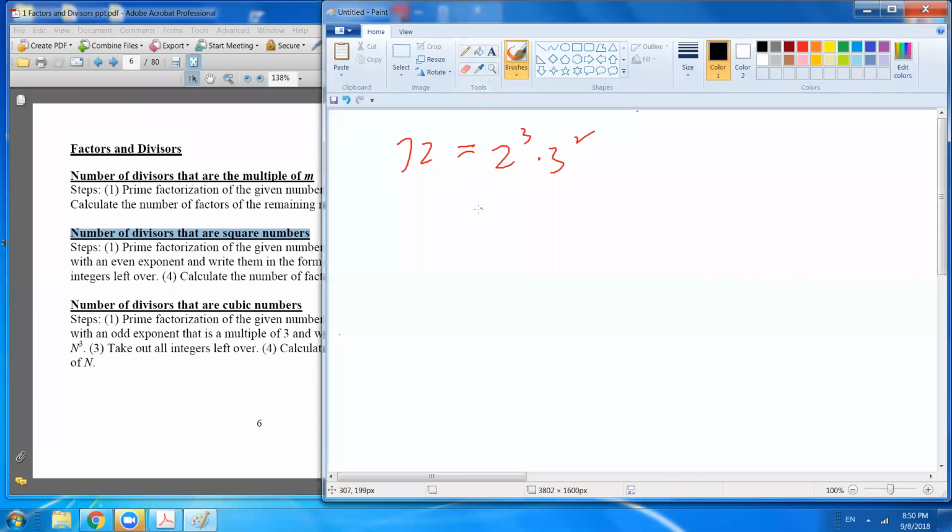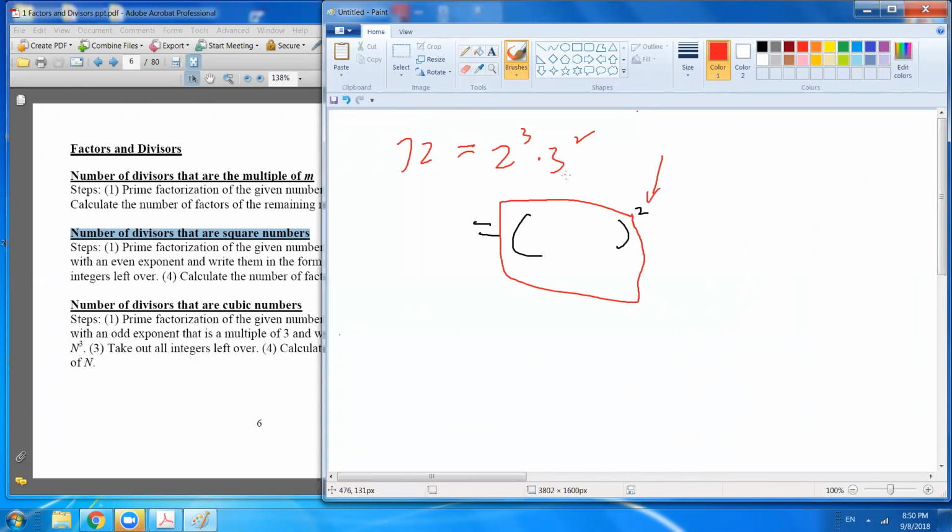And this is the idea, okay? You take the square number. Anything inside, after we do power 2 here, will be a square number.